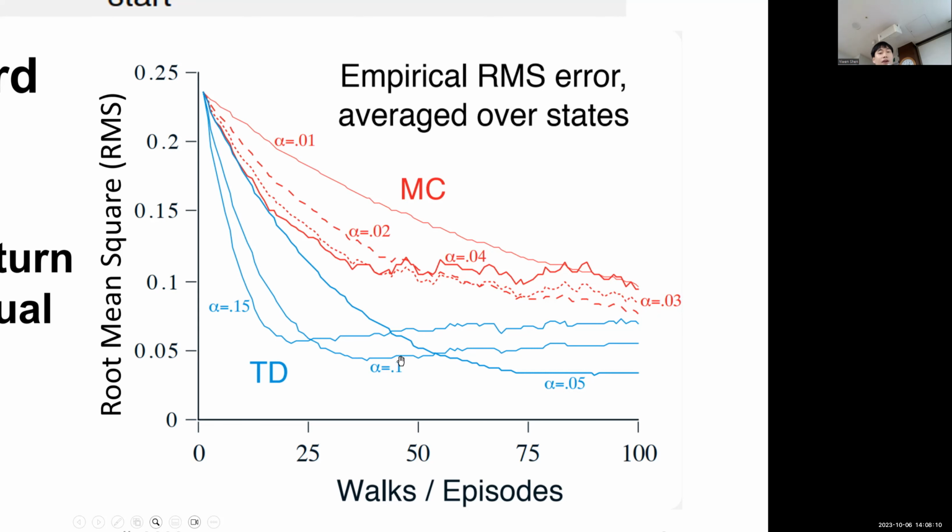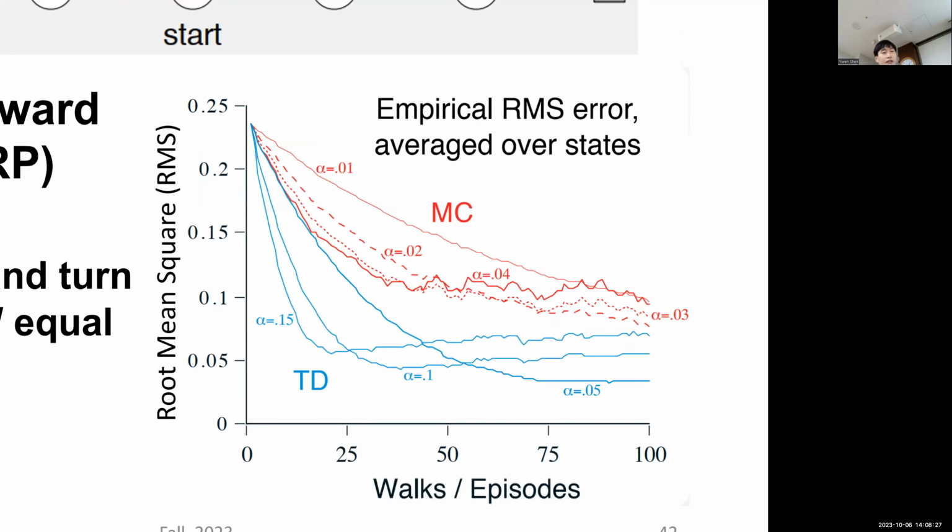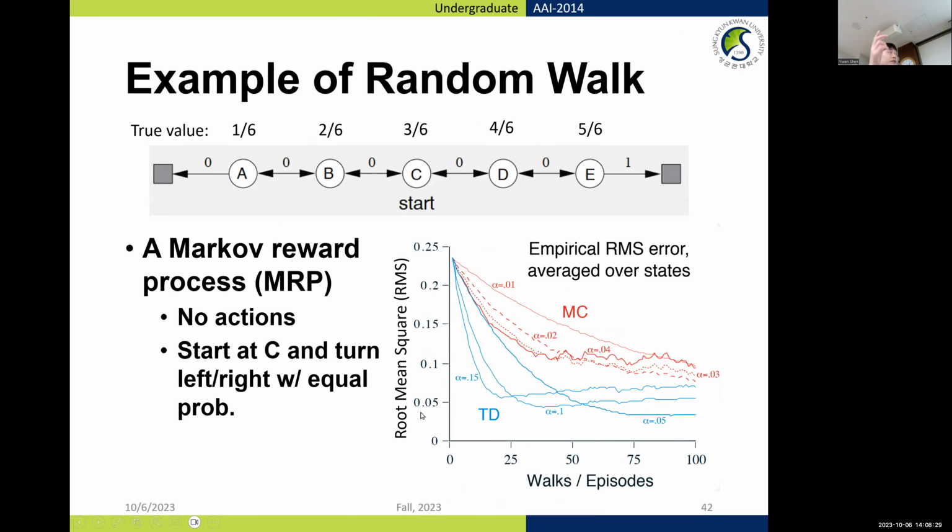With alpha equal to 0.05, even though initially the speed is slow, it eventually reached a better solution. So this example serves as the comparison between TD and MC. Generally, TD is better than MC.